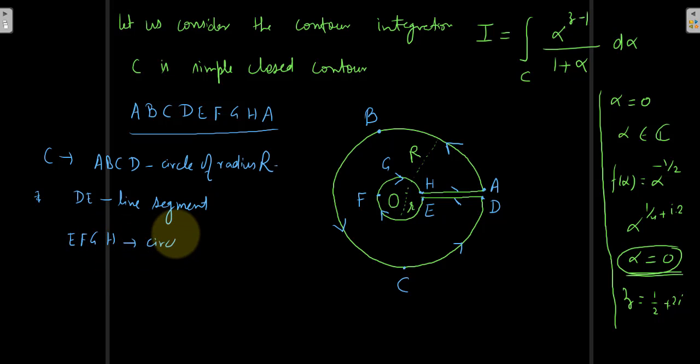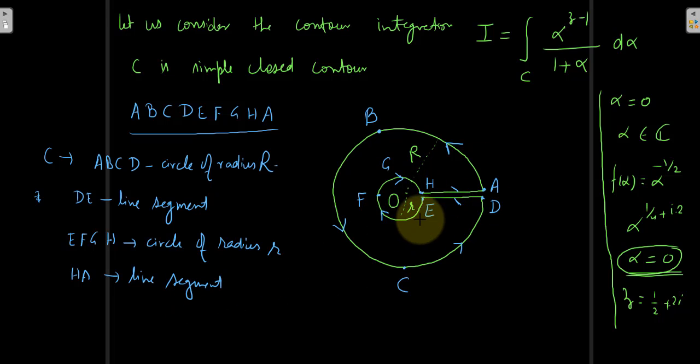This is another circle, of radius small r. Then finally we have HA, and this HA is again a line segment. So there are 4 curves involved in this simple closed contour C.